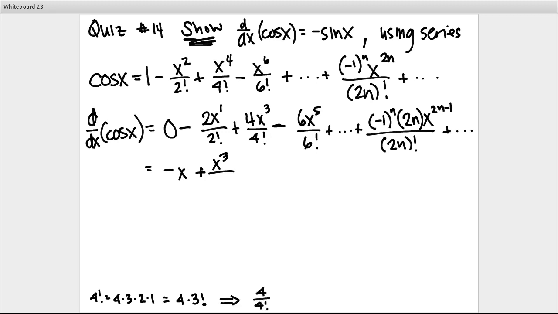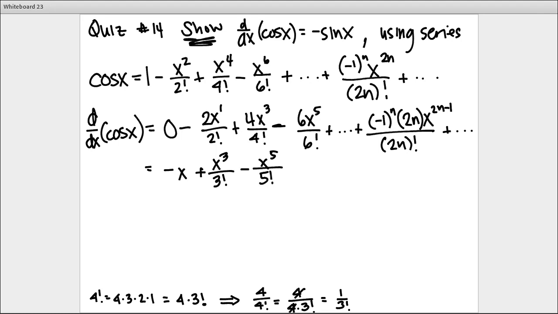So when I have a 4 over 4 factorial, it truly is 4 over 4 times 3 factorial, and the 4's cancel, so you're left with just a 3 factorial on the bottom. Yay! Okay, so that's where I'm going to come up with x cubed over 3 factorial, which is what's left.